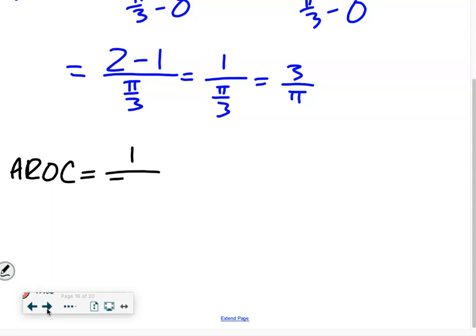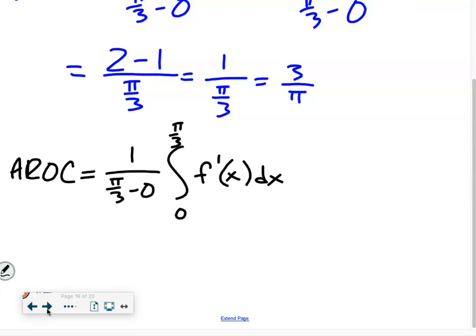You have 1 over pi thirds minus 0, integral 0 to pi thirds of whatever you want the average of. We want the average of the rate of change of F, not just F. So what goes here? F prime. Right? And then you could throw it in your calculator, but you have to find F prime. So, I mean, it's a lot more work.